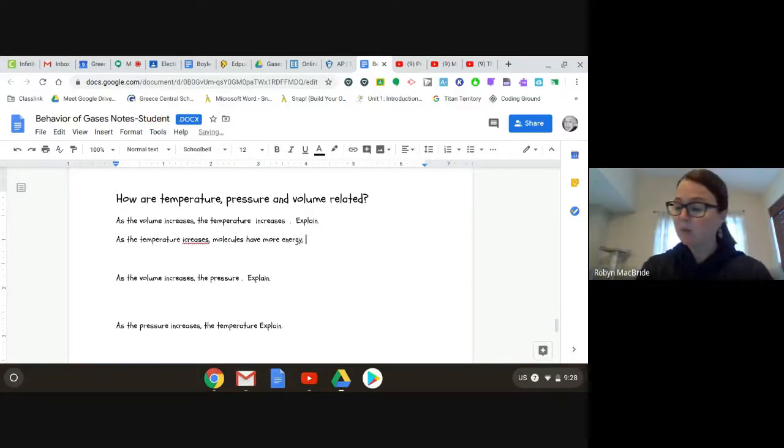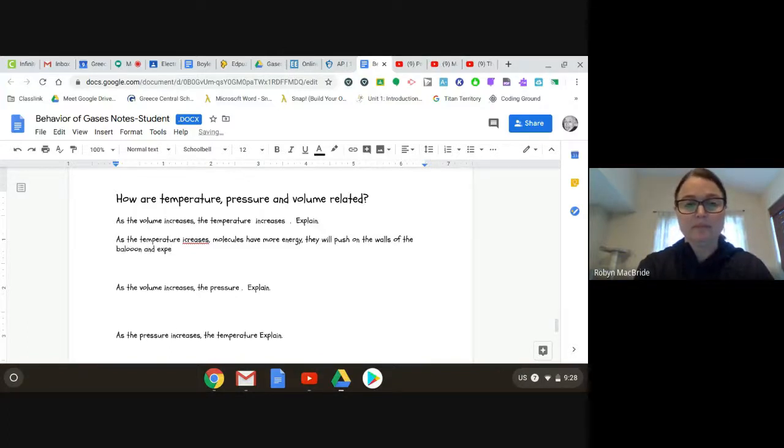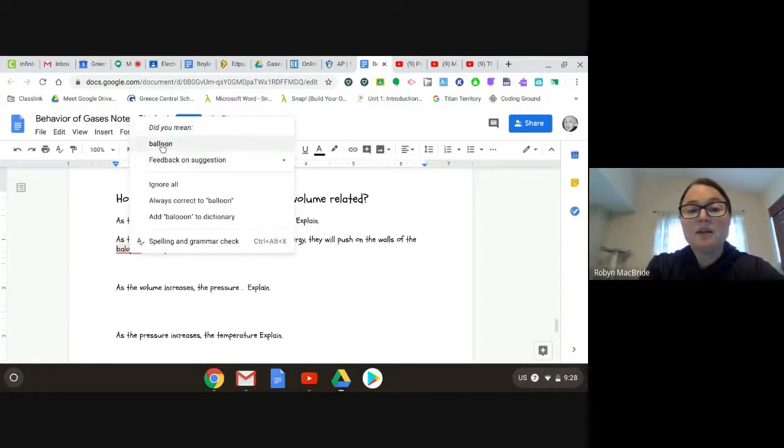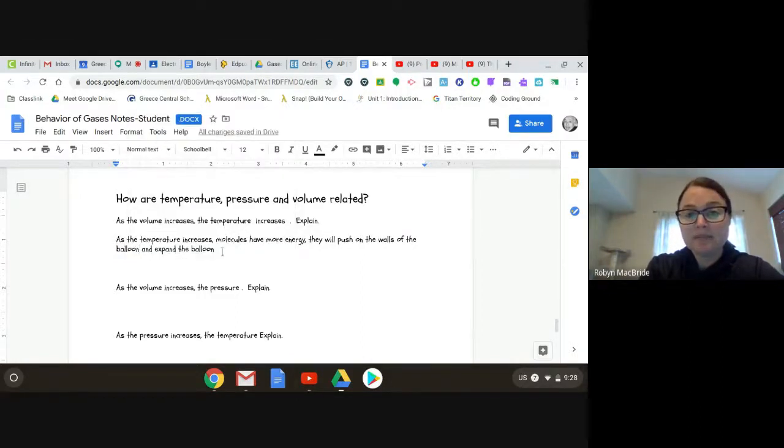They're moving around more, and as they move around more, they push on the walls of the balloon and expand it. So as the temperature increases, we should see that the volume is also increasing. Make sense?